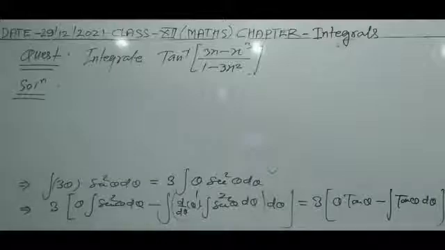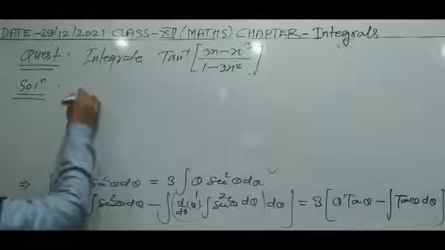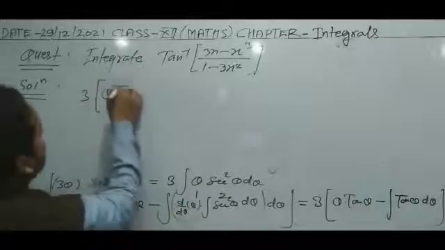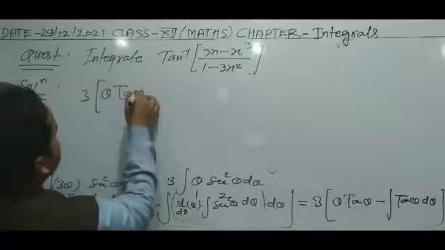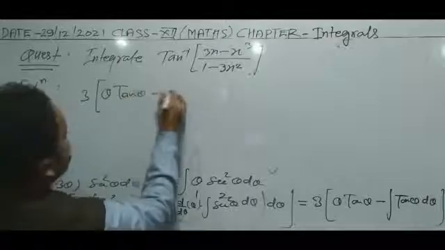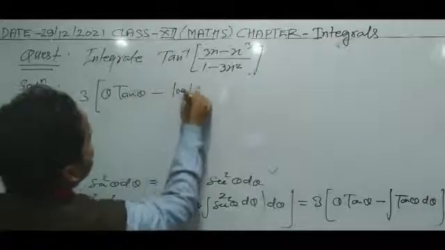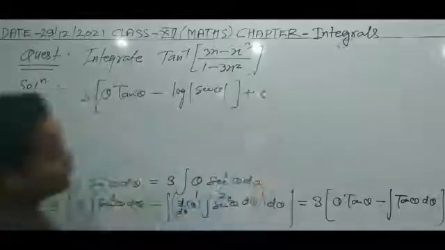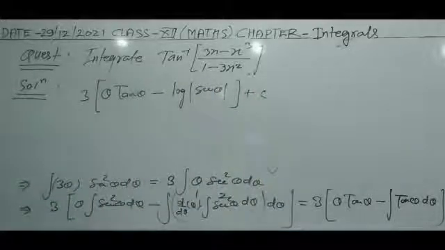Result is 3 times theta into tan theta minus log of mod of sec theta now plus c, because tan theta integral result is log of mod of sec theta.